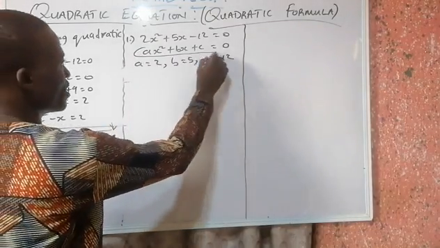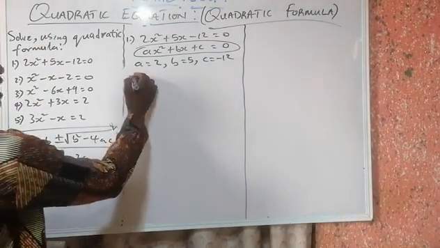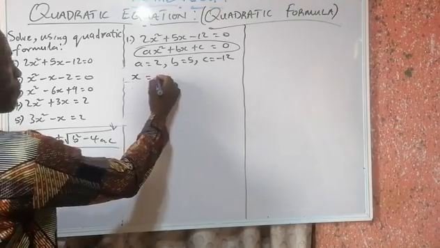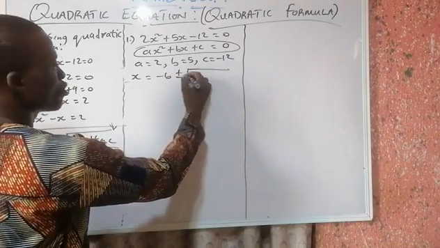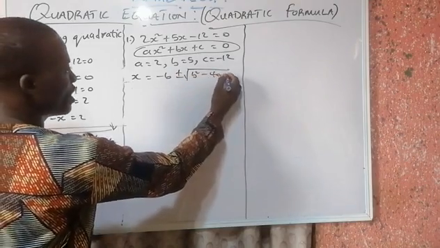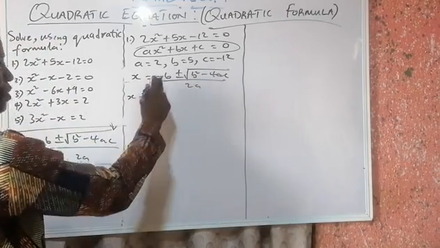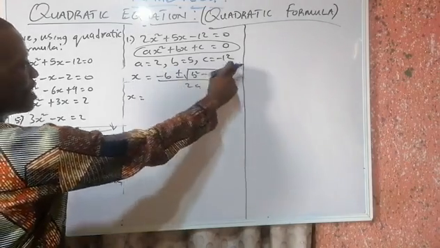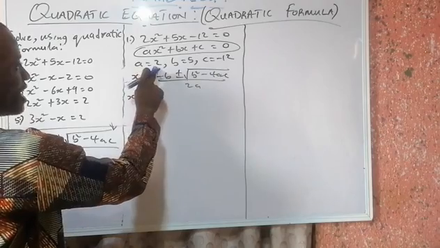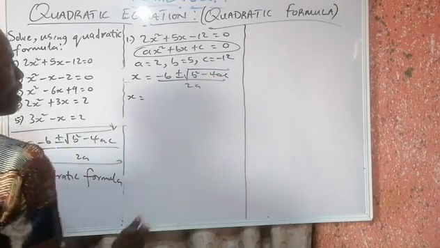So this is what you have. This is just a reference, it's not part of the solution. And then I write the formula that I want to apply, quadratic formula. That's minus b plus or minus root b squared minus 4ac all over 2a. Then I have x. Everywhere I have b, a, c, I will replace them with their values. For example, I will replace a using 2, replace b using 5, replace c using minus 12.